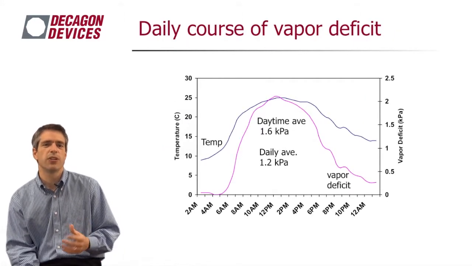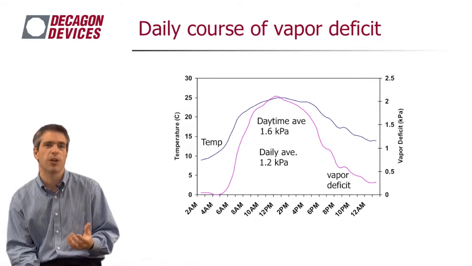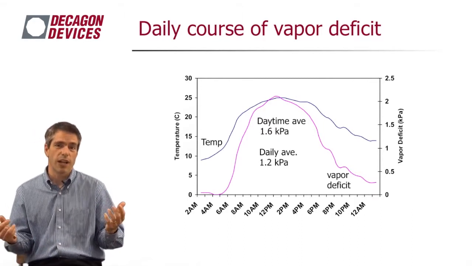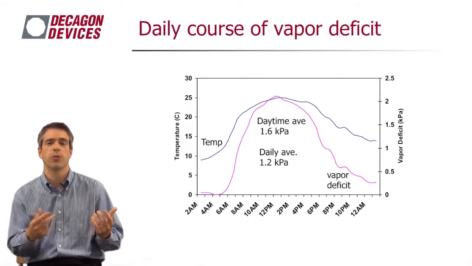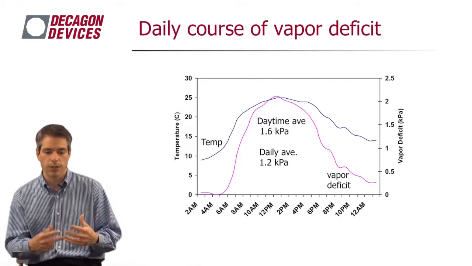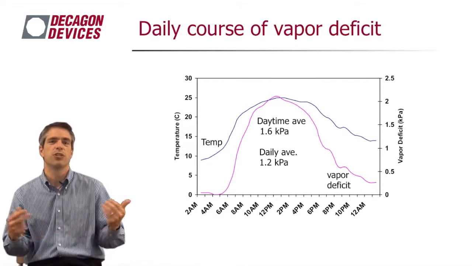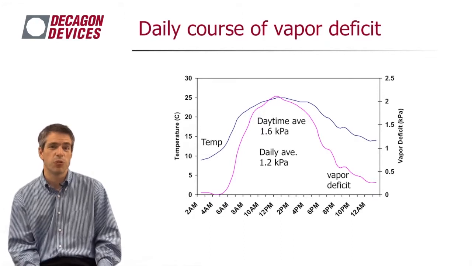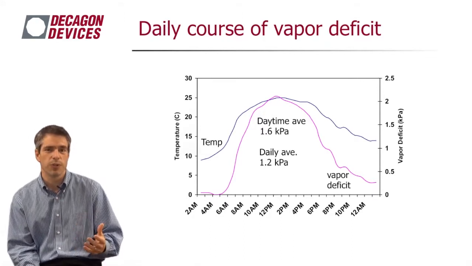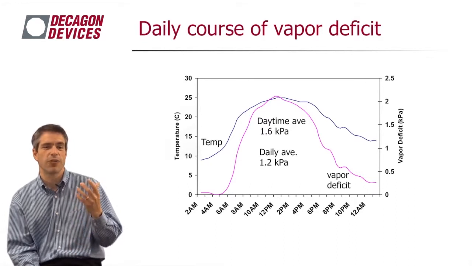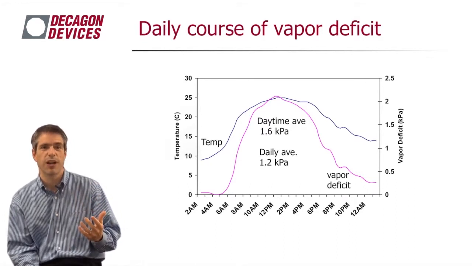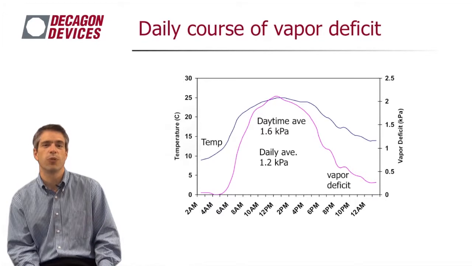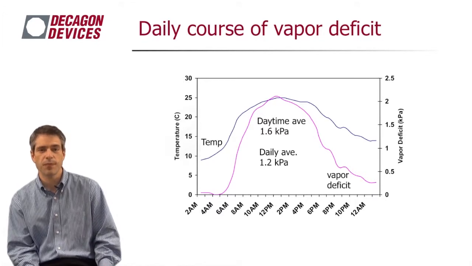Now, one of the things you have to notice when you're putting together this model is that it's usually tempting, like I have done on occasion when looking at some of the parameters in the field, to grab a daily average. But if you grab the daily average, you might be in trouble. You notice from this figure that if we average the vapor deficit across a day, we get a value of 1.2 kPa.